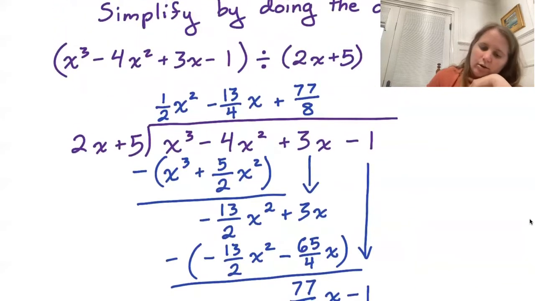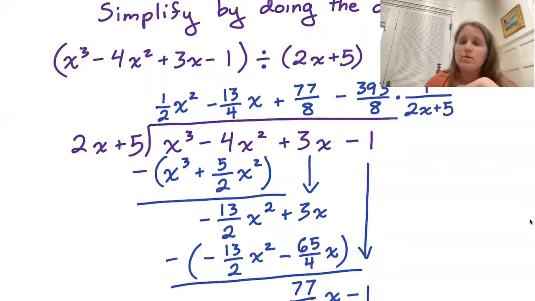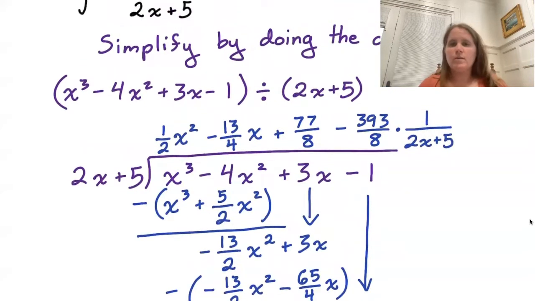So we have minus 393/8 times 1/(2x plus 5). That's our remainder. So it's multiplying by 1 over our denominator. So at this point, we can then go ahead and take our integral.